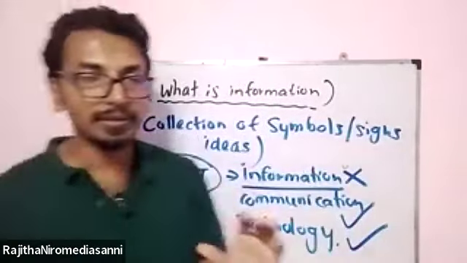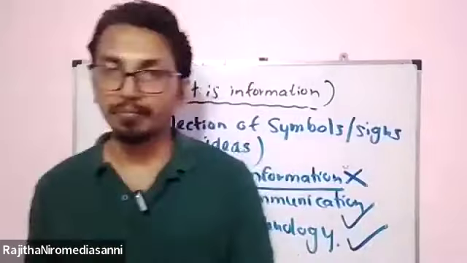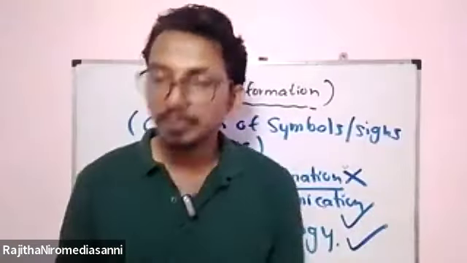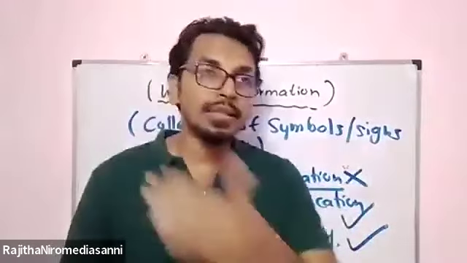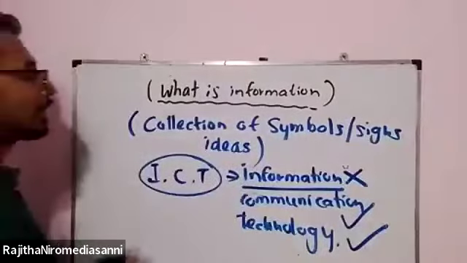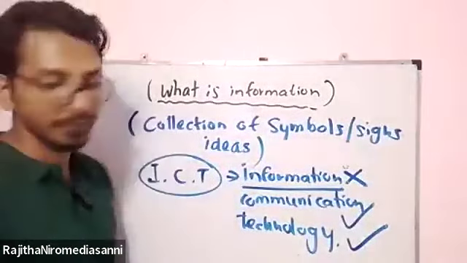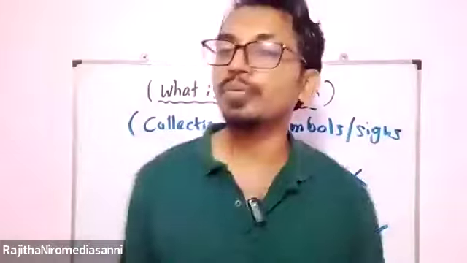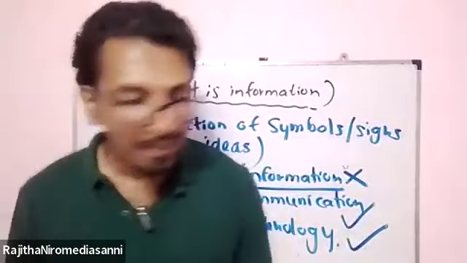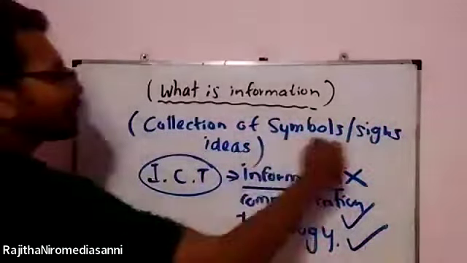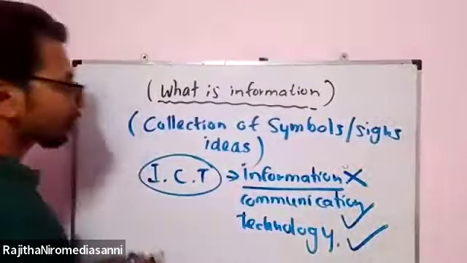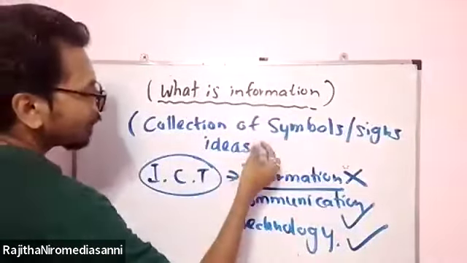So information is not only one idea, it's a collection of symbols, signs, colors, charts, graphs, etc. That's why I told you it's a collection of symbols, signs, ideas. You can write that here, no problem. What is information? Just put a note: it's a collection of symbols, signs, ideas, etc.